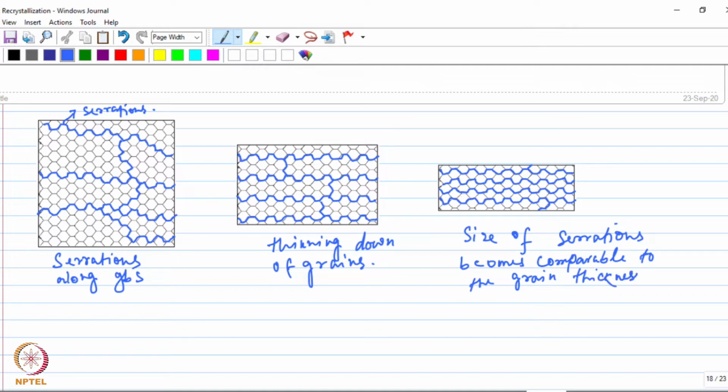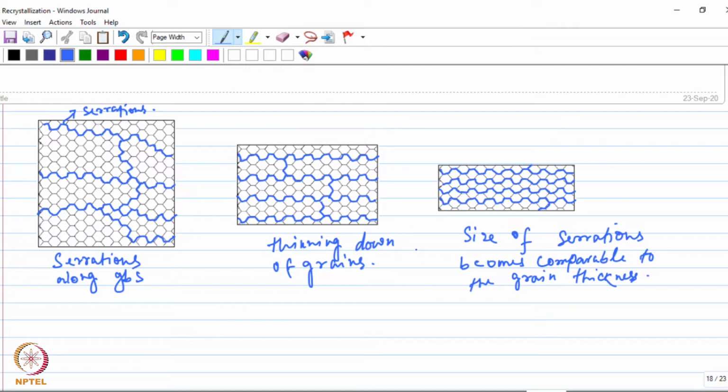This will occur when the grain is typically having a size which is equivalent to a few subgrains, okay? So under those conditions, when the grains thin down to that extent, the serrations become comparable to the size of the grain or the thickness of the grain, and eventually these serrations will impinge upon each other, and the new equiaxed grains can pinch off due to that process, okay?